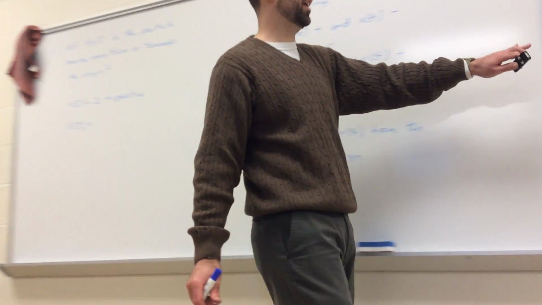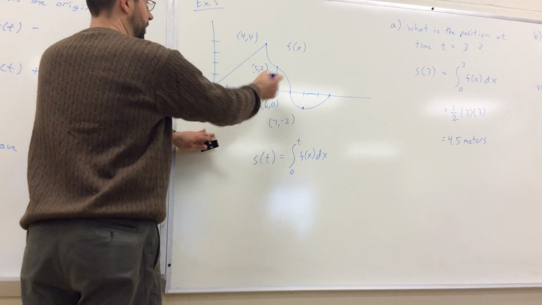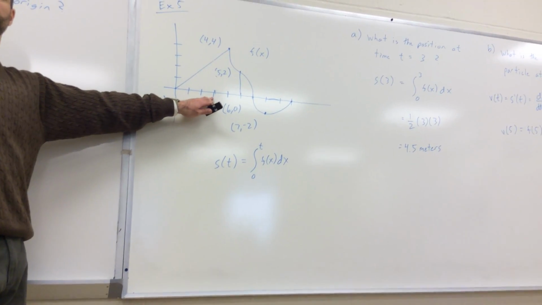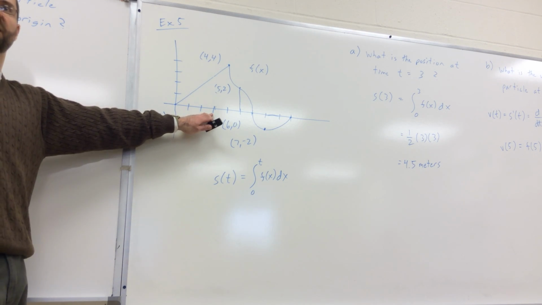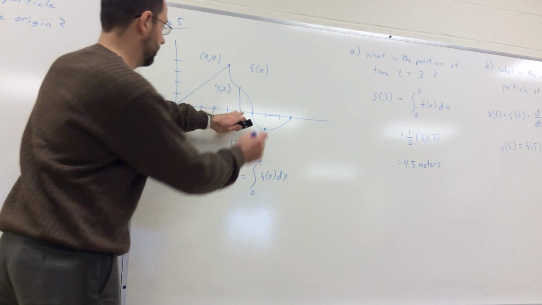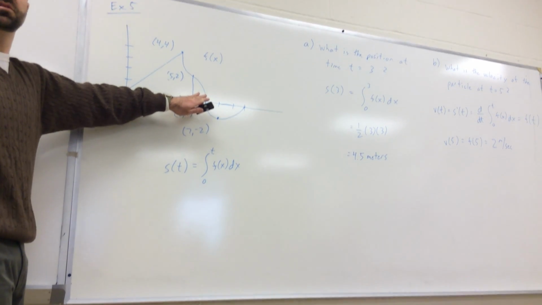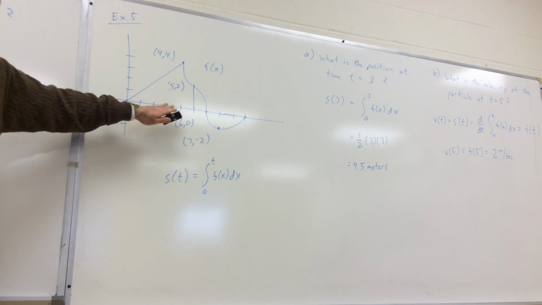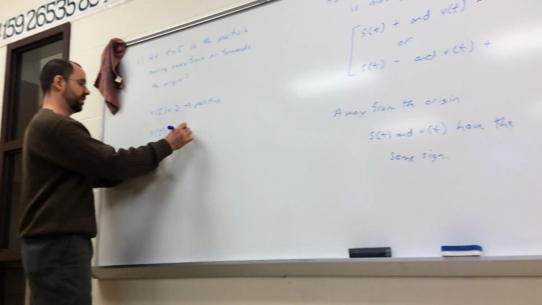If I figure out the area from 0 to 5, is that going to be positive or negative? It's going to be positive because the graph's above the x-axis, right? How could area ever come out negative? The area from 7 to 9 would be negative, right? Okay, but anyway, whatever this number is, it's going to be positive.